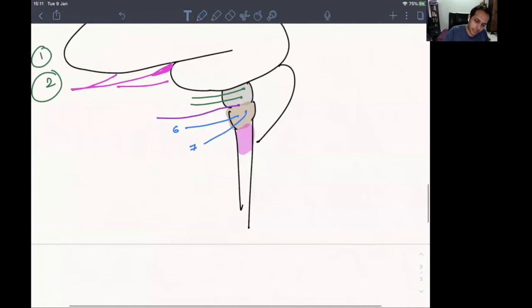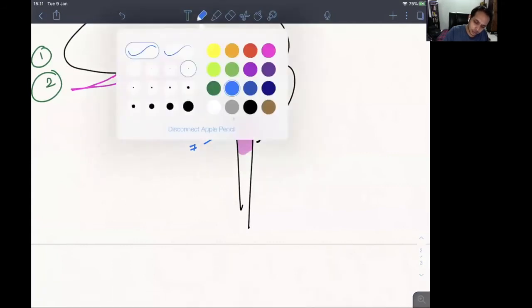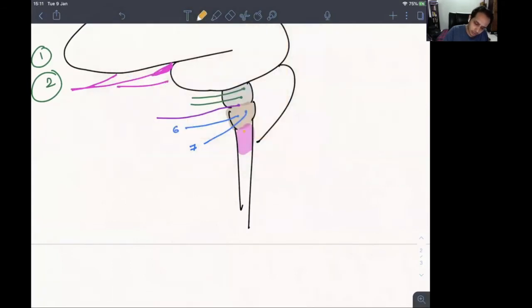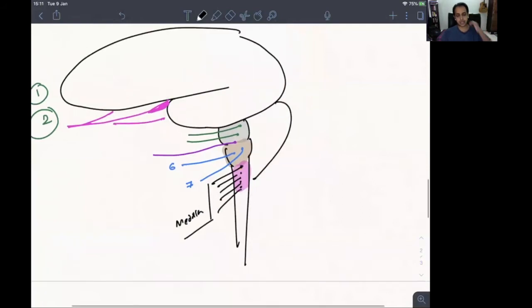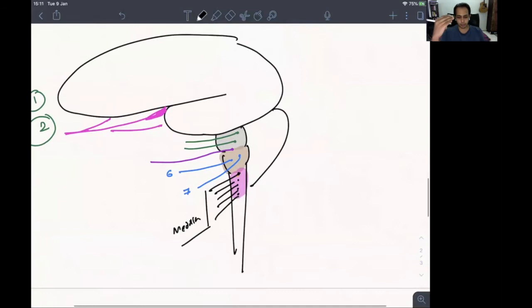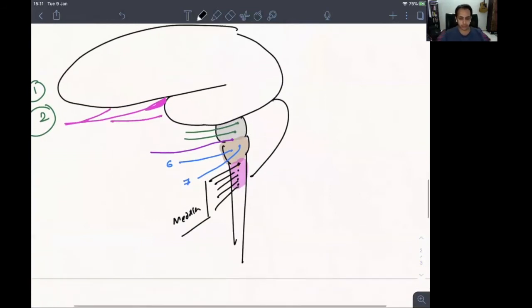And your eighth, 9, 10, 11, 12, they'll all arise from the medulla. Okay, so that is how there is a sequential numbering from top to bottom. Now, there are certain things that you can remember.